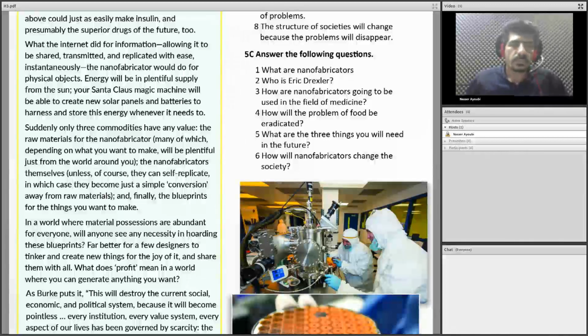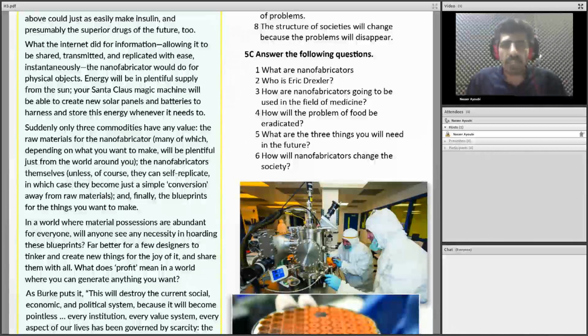Well, what does the internet do for information? The internet allows information to be shared. We can share information through the internet, we can transmit information, send it to each other, and replicate. We can reproduce, we can duplicate the information with ease.